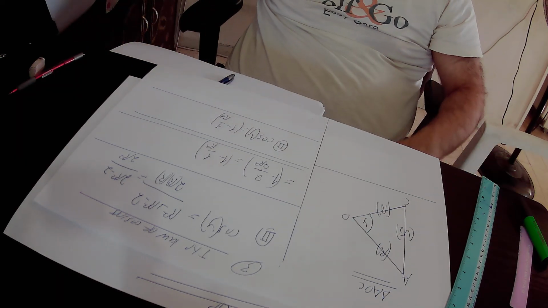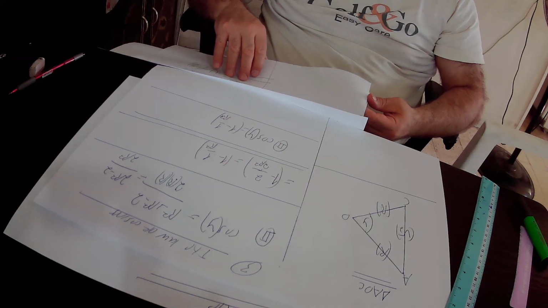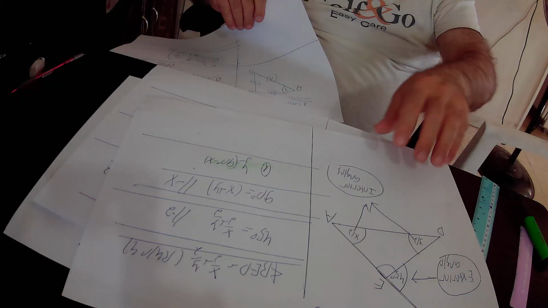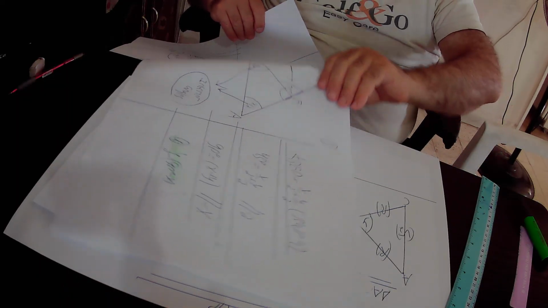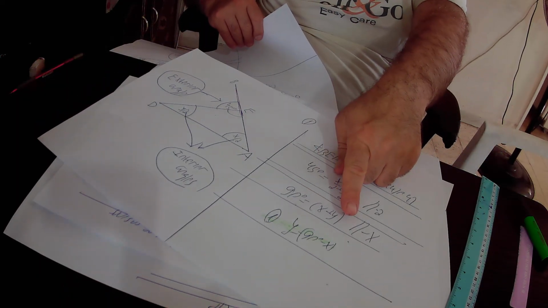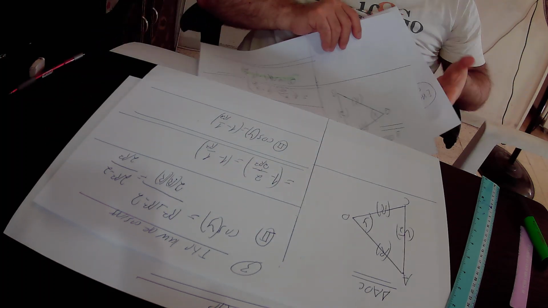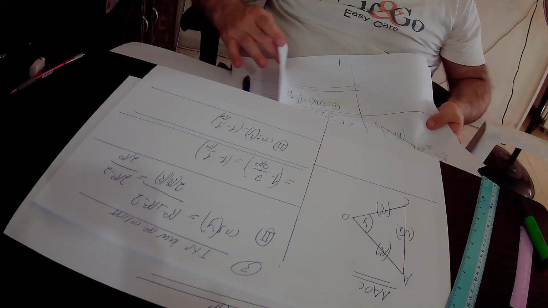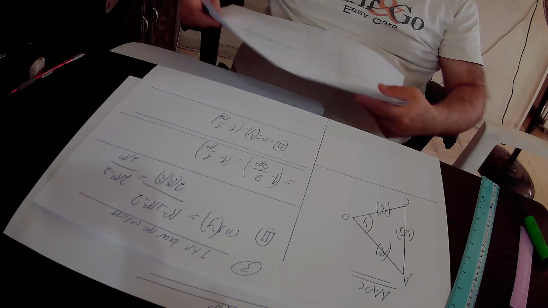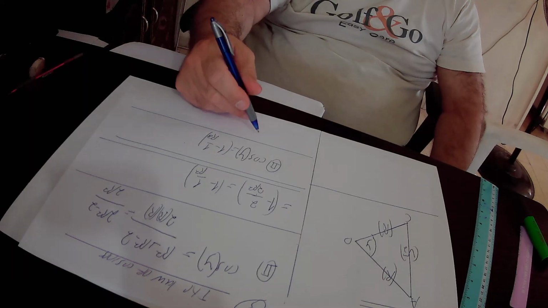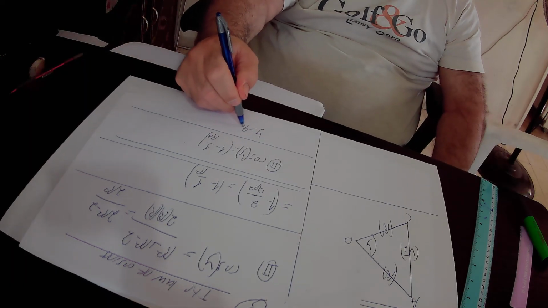But we have only found out that y equals 90 degrees minus x. So can I do that? Y equals 90 degrees minus x.